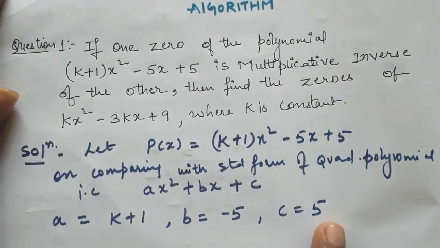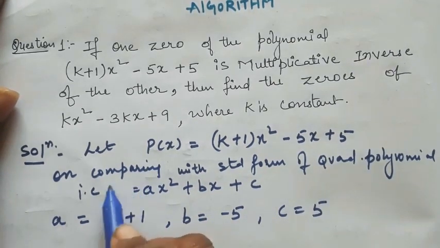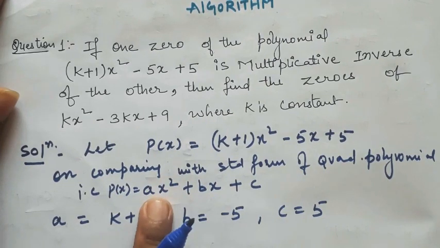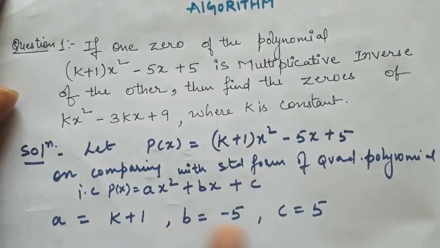We got these three values by comparing the polynomial with the standard form.